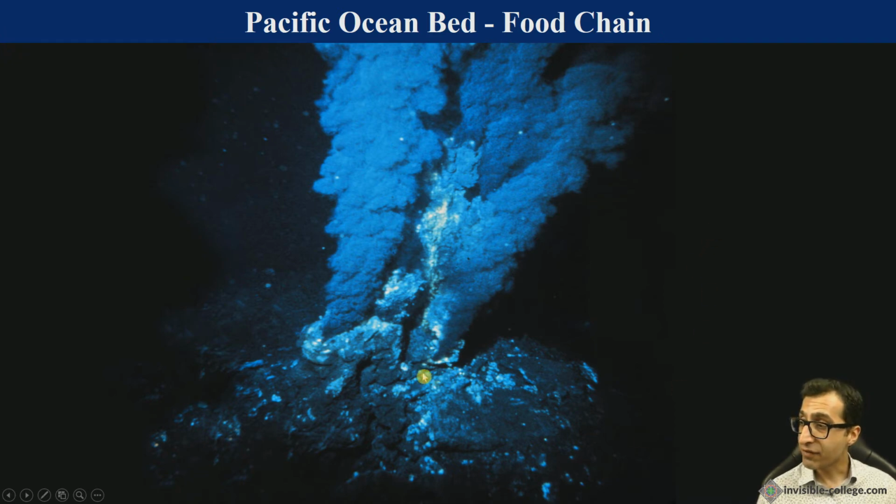So what you have here is superheated water under enormous pressure, where the water can reach temperatures in excess of 400 degrees centigrade and not boil because it's under such a high pressure. Now, the water coming out from these hydrothermal vents is actually coming from deep within the Earth's crust, where it picks up many different minerals from the chemical reactions occurring down in the crust of the Earth. And these include things like hydrogen sulfide.